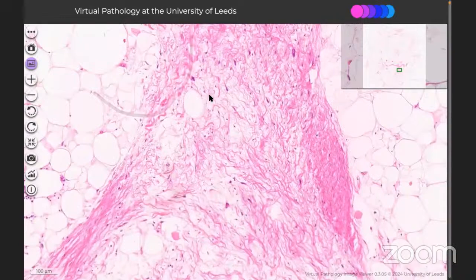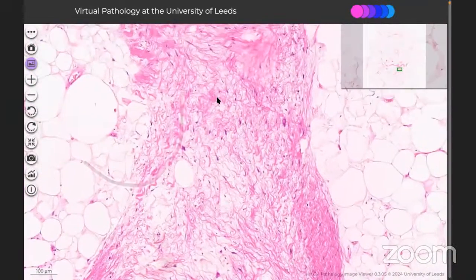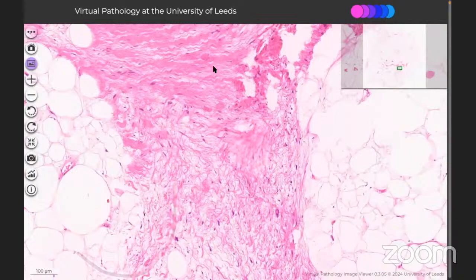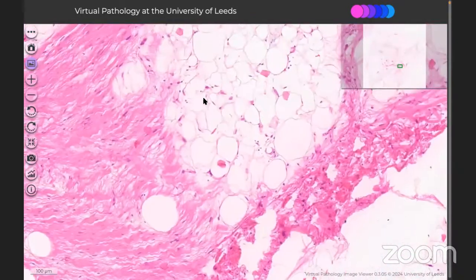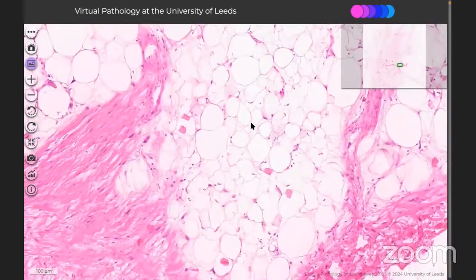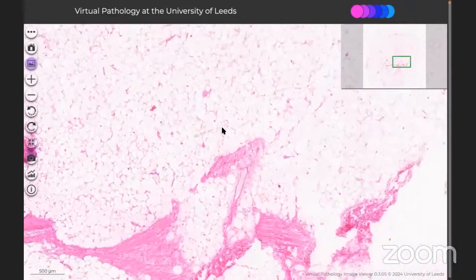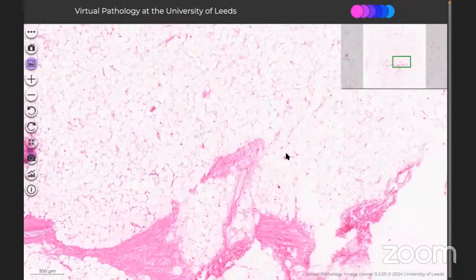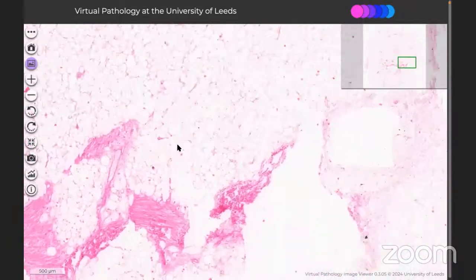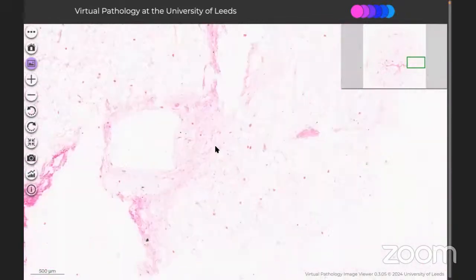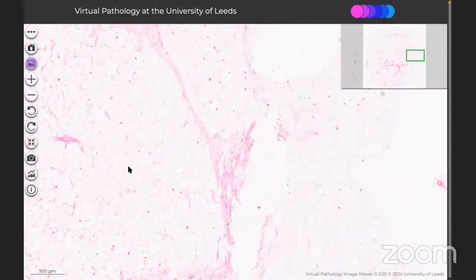So this is diagnostic for well differentiated liposarcoma. You should give a FNCLCC grading, and you say that in further workup you will obviously look for MDM2 and CDK4 IHC. So you expect that to be positive, okay?